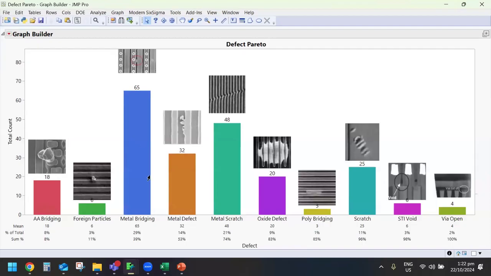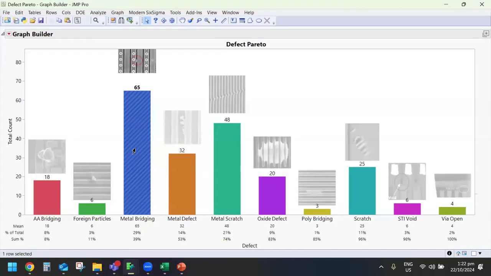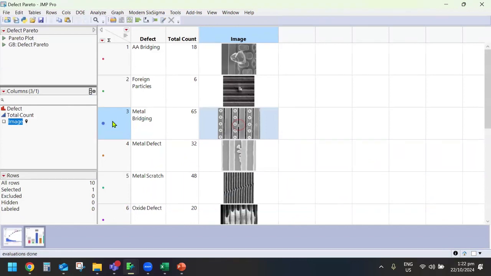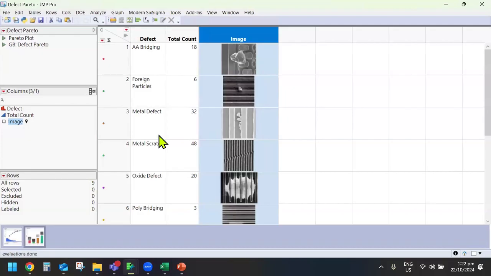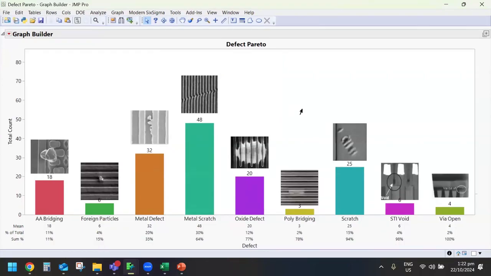For example, just now we said after the Six Sigma project, metal bridging is no longer an issue. Then let's say I am going to delete this metal bridging row. You see the metal bridging, the whole row is gone. The picture is gone. Everything is gone. If you come back to here, the chart is no longer showing you the metal bridging, right?